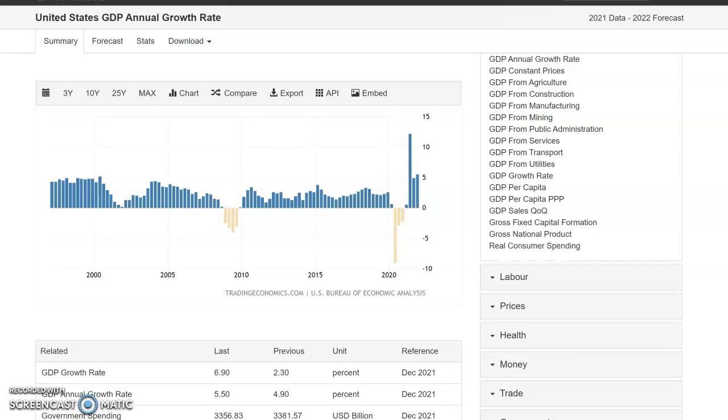And here you see the growth rate of annual GDP is negative. This axis is 0 and it is falling below 0. What really happened here? We had the subprime mortgage crisis, or the housing crisis.